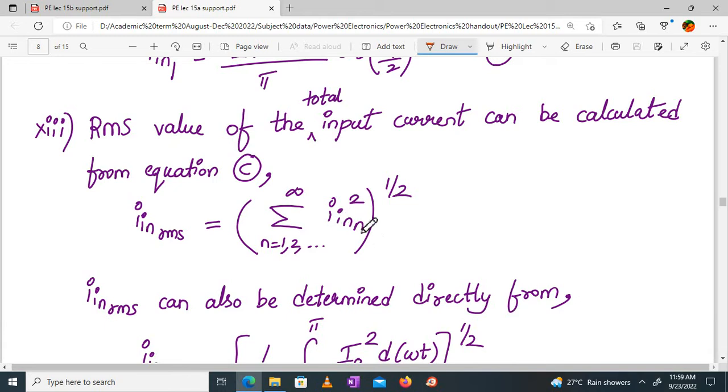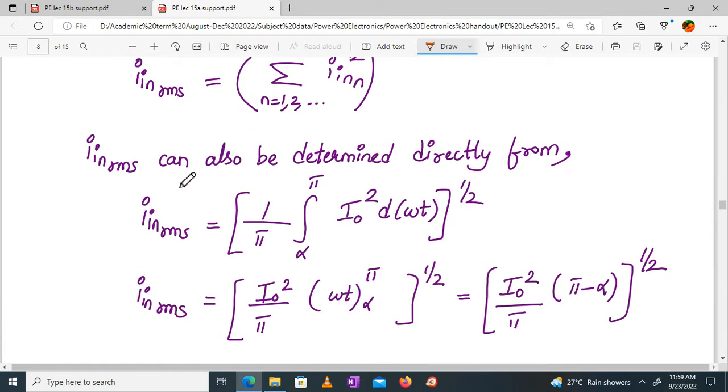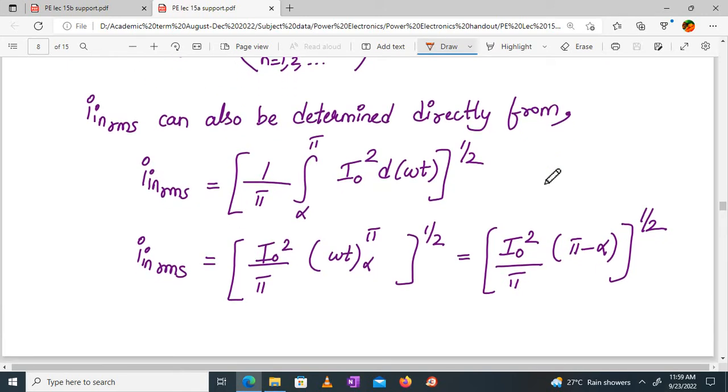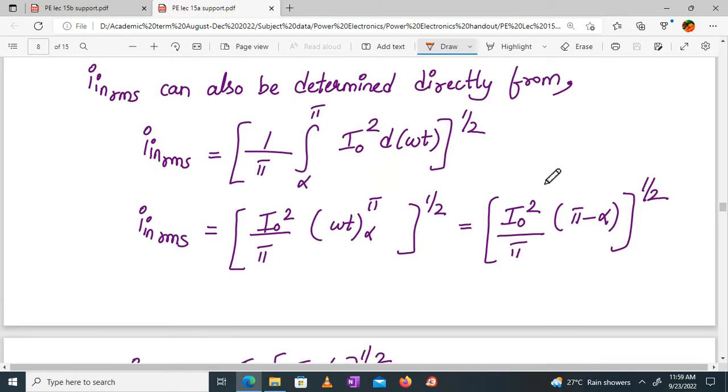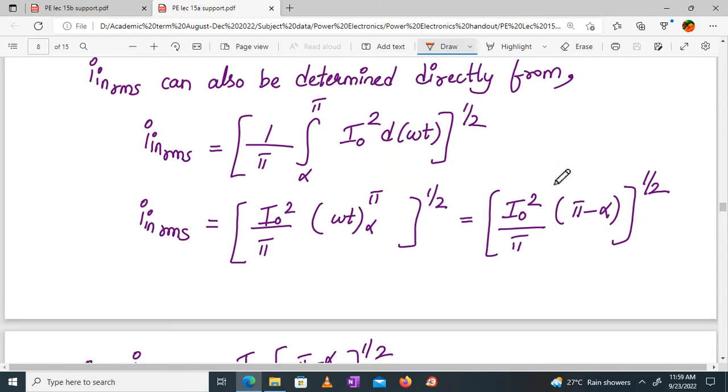We have the expression for In of n. Sum it up from one, this infinite series raised to half, or else you can directly determine it from here also. Don't write all this, but we have to find In of RMS. So I am directly showing you the end result. You can do this on your own and find out. It happens in this manner only.